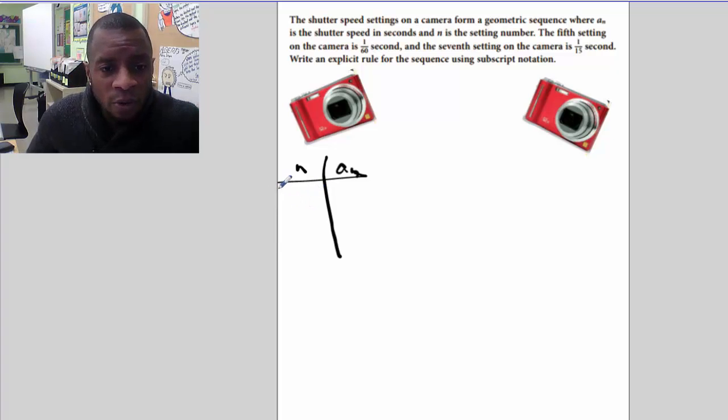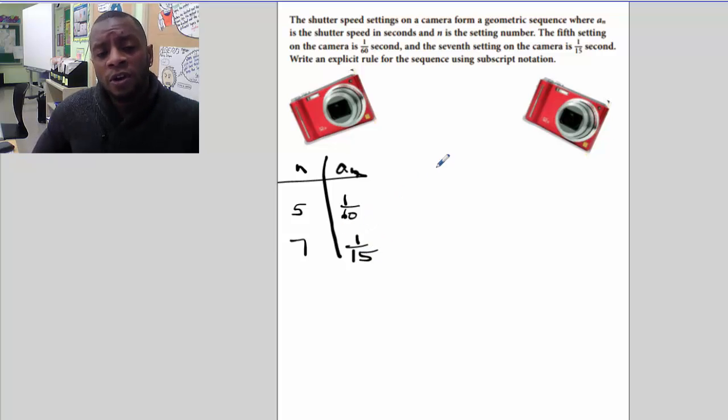All right, so we know that the 5th setting, so this would be term 5, is 1 over 60. And we know that the 7th setting is 1 over 15. All right, and so what we want to do is, remember, grab our explicit function using subscript notation.